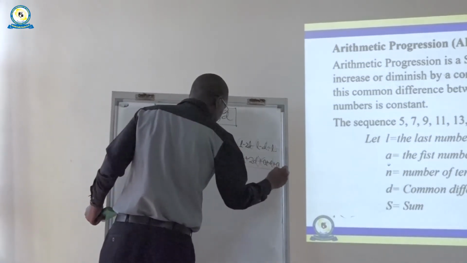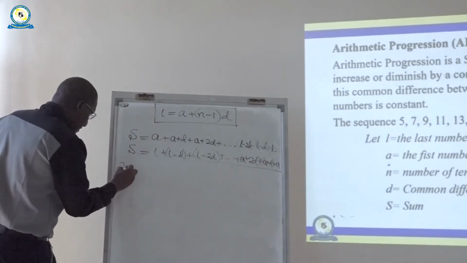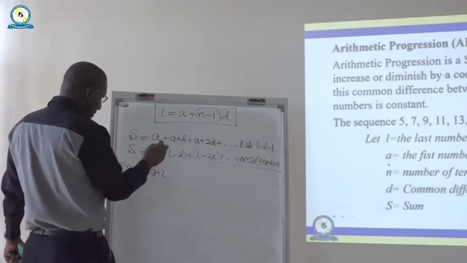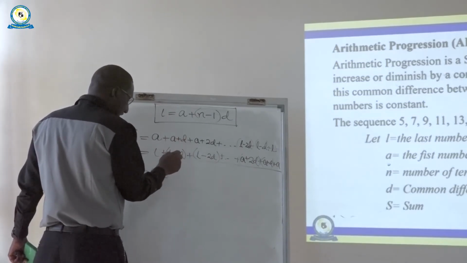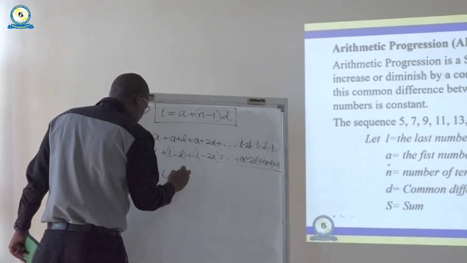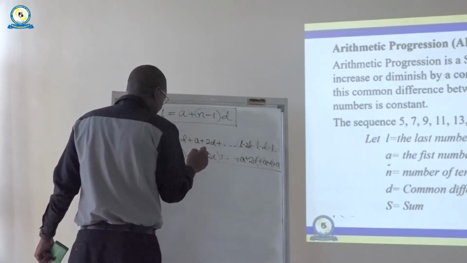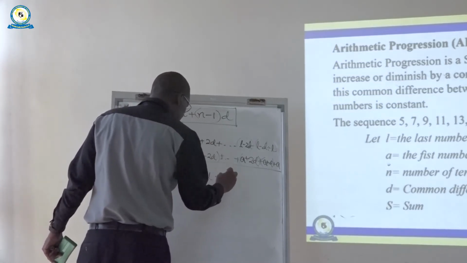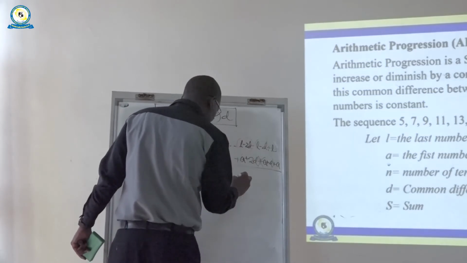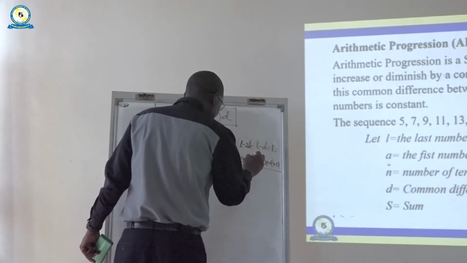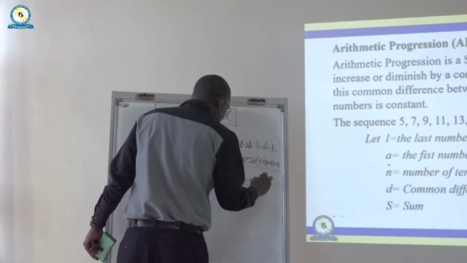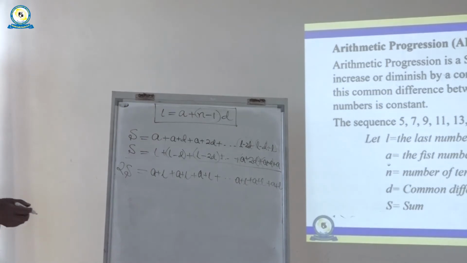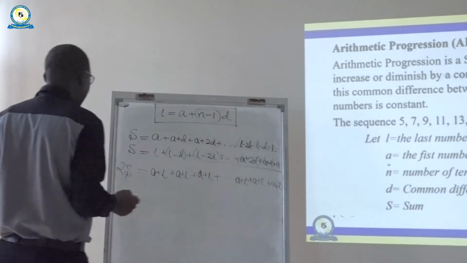We sum up. Here we find 2S equals A plus L. D and the negative D vanish, so we remain with A plus L. Here 2D and the negative 2D also vanish, so we have A plus L. Here L plus A also remains A plus L. If there are n terms, we are going to have A plus L times n.